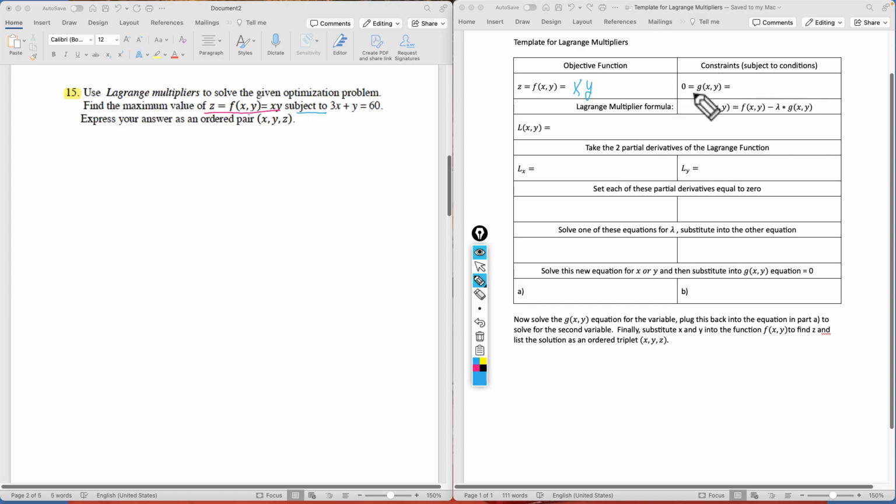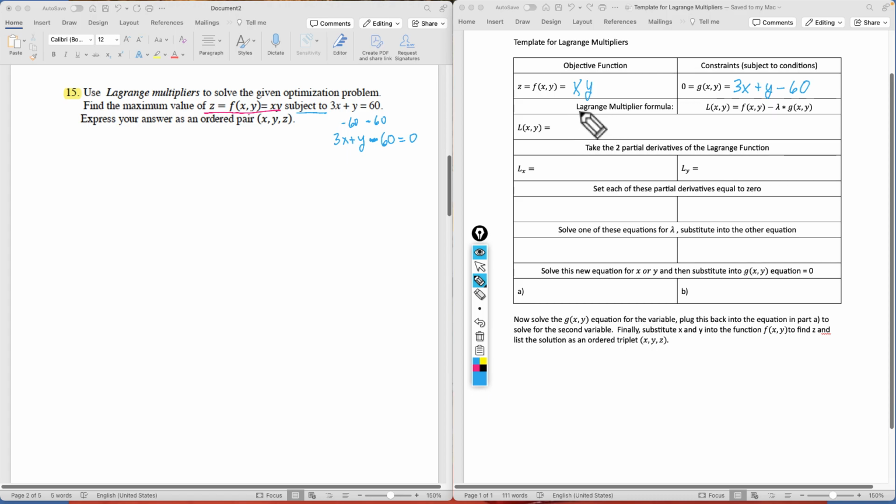We need it in the form of being equal to 0, so we subtract 60 from both sides. We get 3x plus y minus 60 equals 0. So this is our new function g of x, so we will write that in here. And I got this equals 0 over here, so we remember this is equal to 0 as we go.